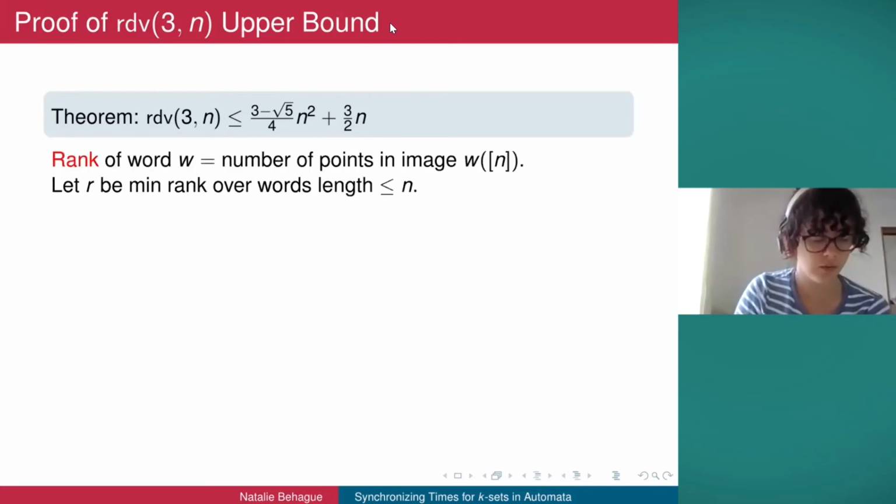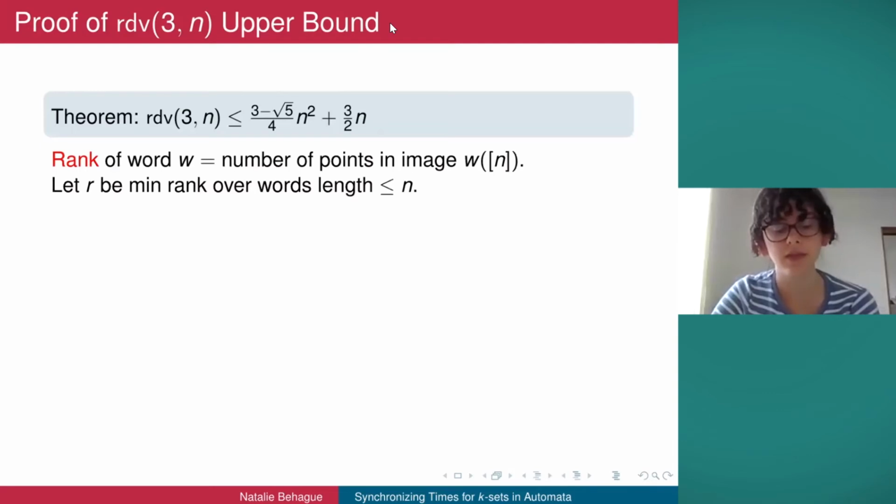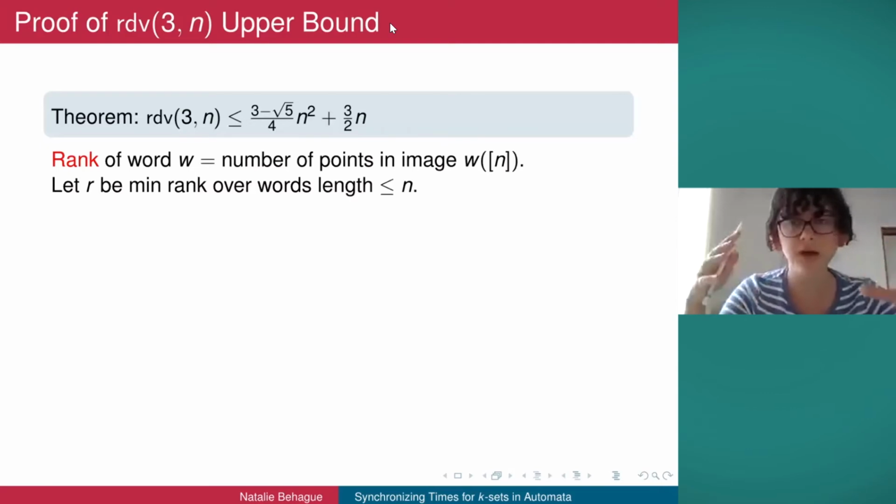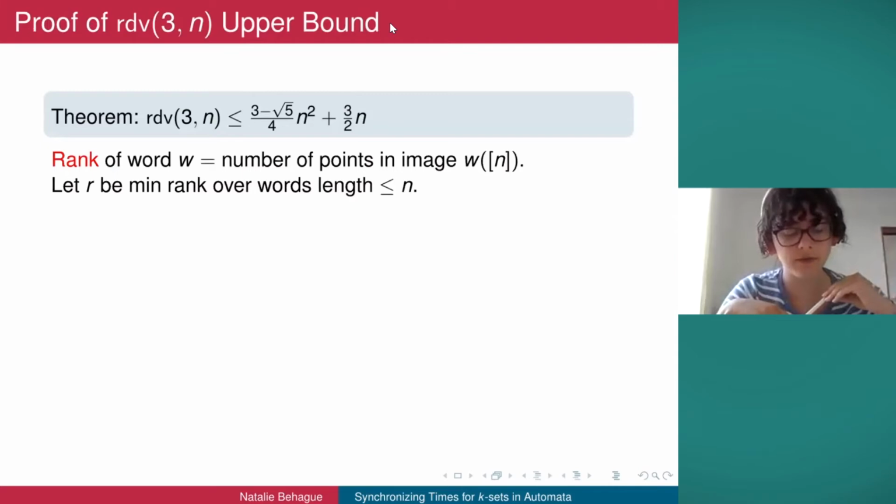So what I do is I split into 2 cases depending on the rank of words. The rank of a word is the number of points in its image. And we're going to let R be the minimum rank over all words of length at most n.